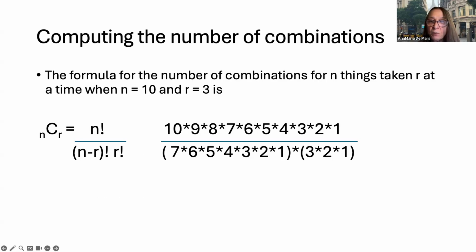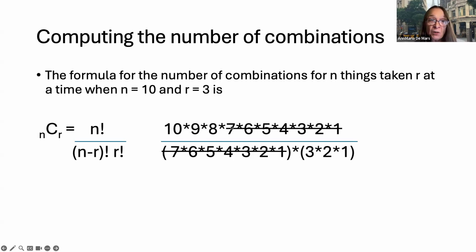Since 10 minus 3 equals 7, and if you remember from early back in school about canceling things out, you can cancel out the like terms, right? Because 7 divided by 7 is 1, 6 divided by 6 is 1, 4 divided by 4 is 1, and so on. All of those are going to end up being 1.